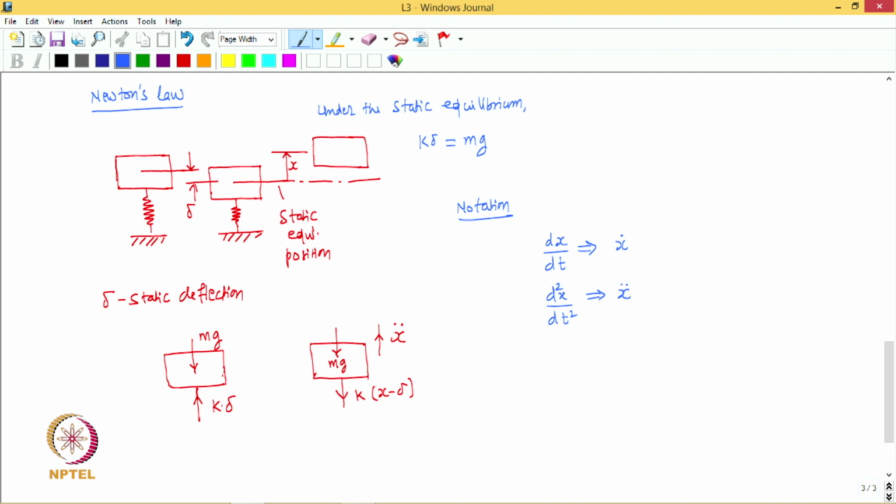Now let us apply Newton's law. By Newton's law, the mass into acceleration should be equal to the summation of all the forces acting on the mass, and in our case those forces are minus k(x minus delta) and minus mg.